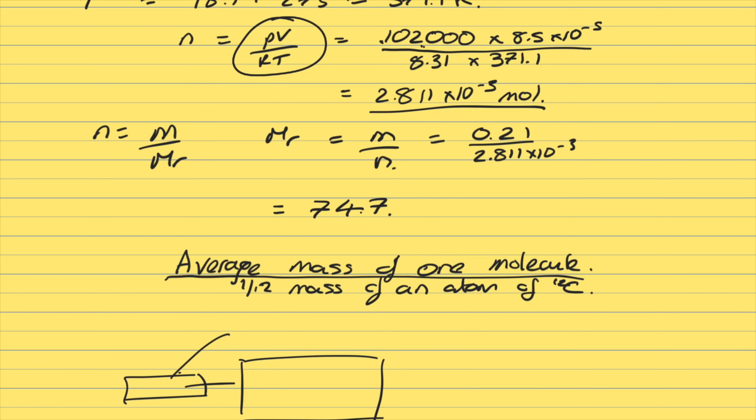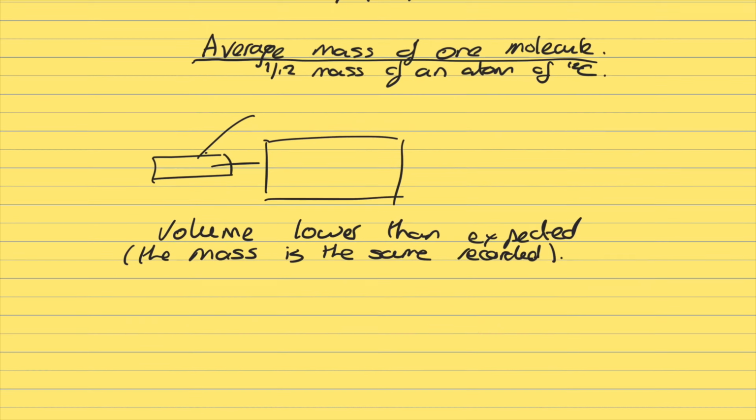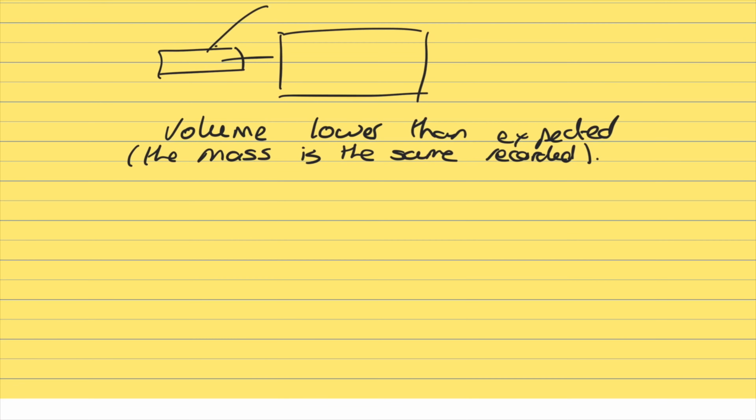So if we've got a smaller volume here, the number of moles that we record is going to be smaller. So ultimately, when we come to work out the MR, we're dividing by the N here. If the number of moles is smaller, then that's going to make the MR larger, because if we divide by a smaller number, we get a bigger number. So therefore, the MR would be greater.